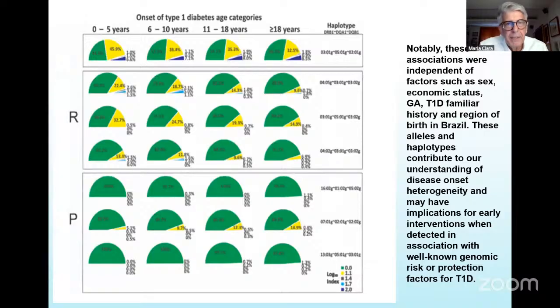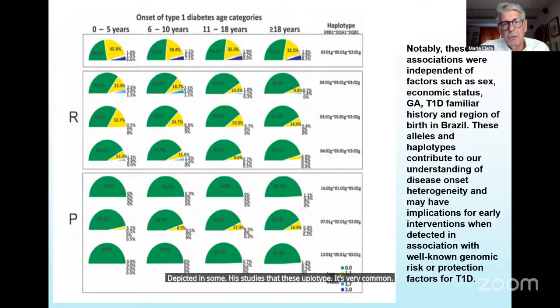And then, not a big surprise, as already depicted in some studies, this haplotype is very common for the disease risk, but it's not associated with the onset of the disease.